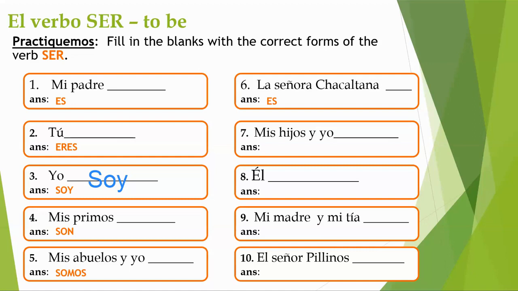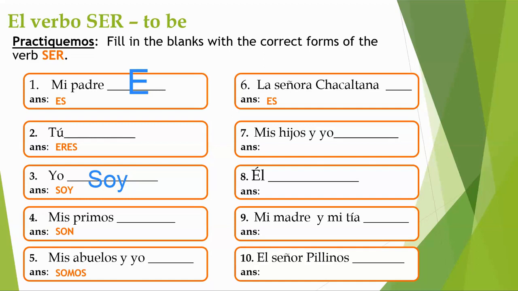Mi madre y mi tía. So I'm talking about mi madre y mi tía. What would the conjugation be? Son, all right? It's they that I'm talking about. If you're not sure, always put in the pronoun to help you figure out what it would be. Substitute the nouns in the sentence for the pronoun.